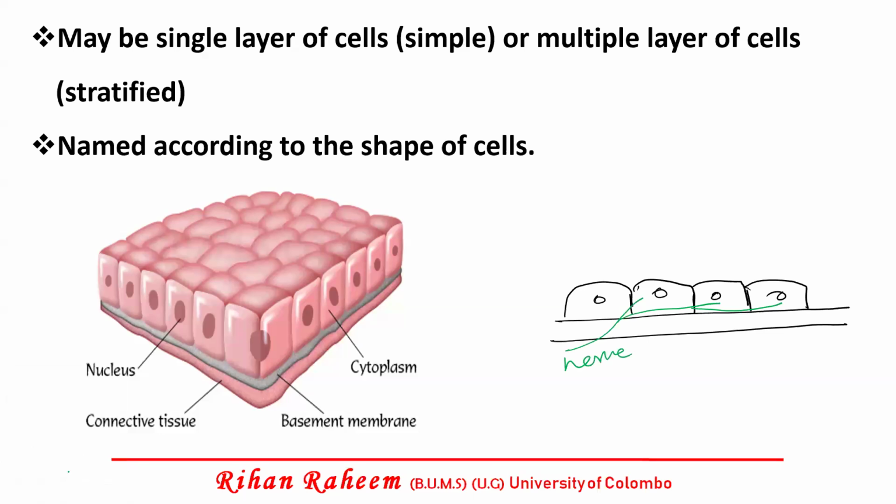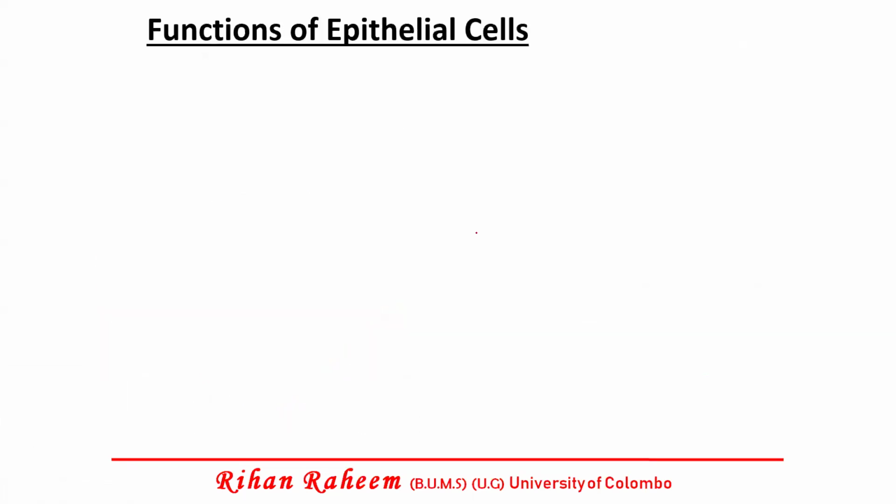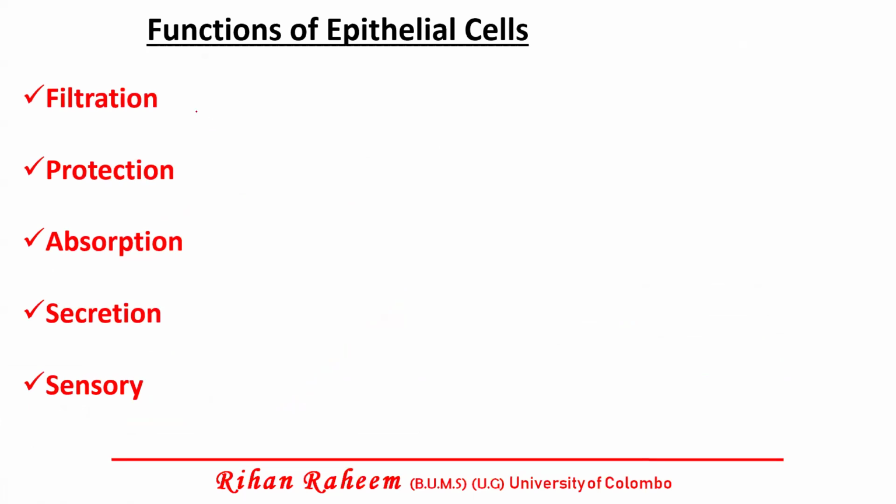Direct nerve supply is there, but for epithelial tissues, direct blood supply is not there. The nutrients will go from here to the cell, but the direct blood doesn't go. We explained about all these things. Functions of the epithelial tissue: filtration, protection, absorption, secretion, sensory.